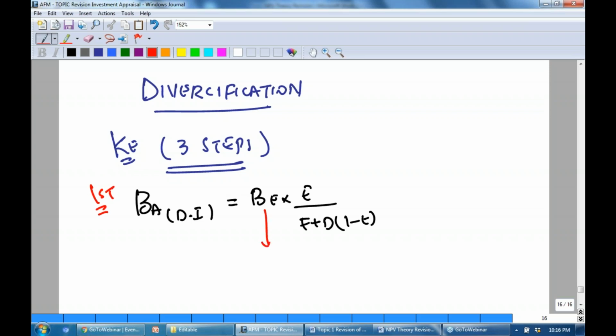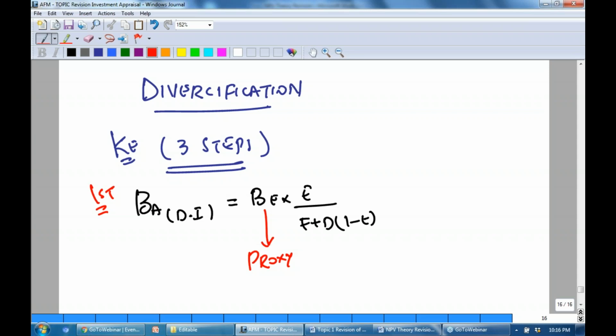You will take the proxy. For example, you are a bank, moving to the telecom. So first of all, you want the telecom's beta asset. If telecom beta asset is not given, you will take any particular company of the telecom, ABC company.